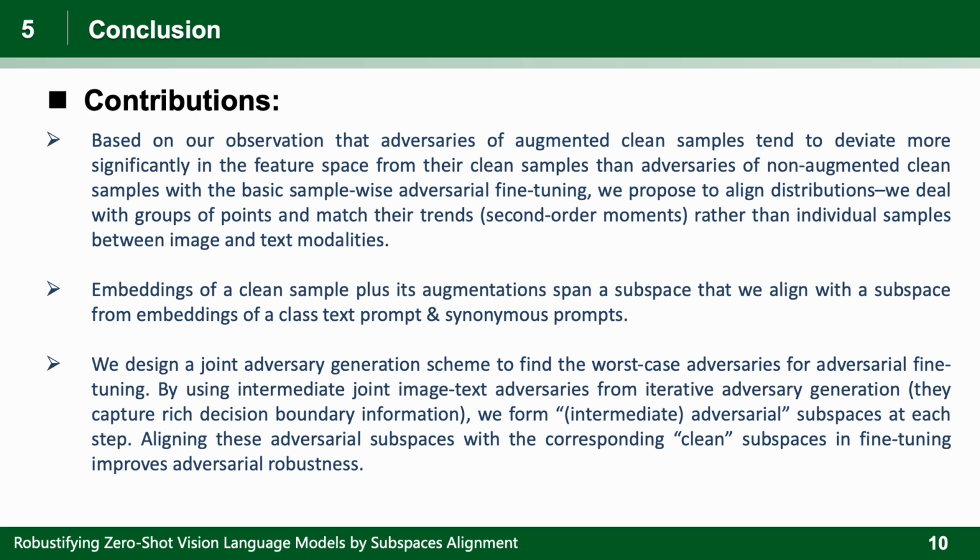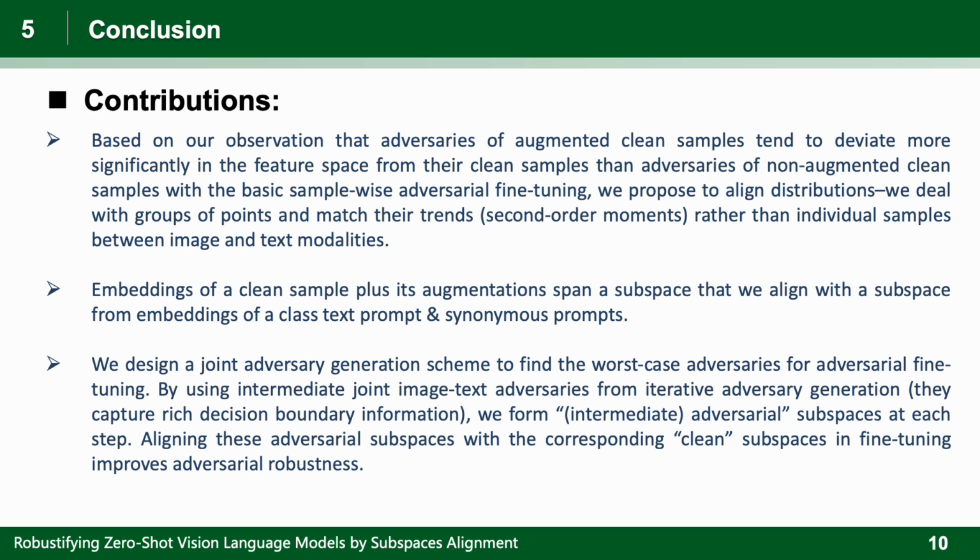So here we summarize the contributions based on our observation that augmented adversaries tend to deviate more significantly in the feature space. We propose the first subspace-aligning adversary method to match their distributions, which means the second-order moments rather than individual samples.